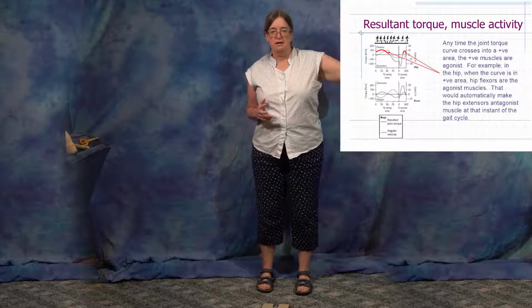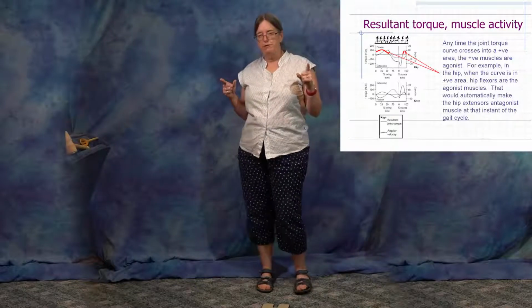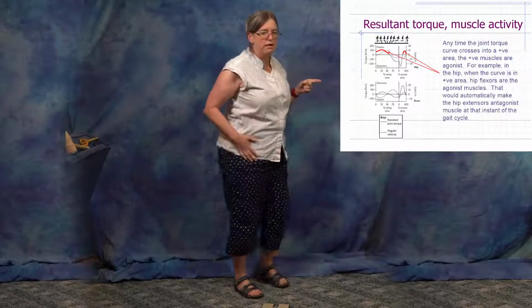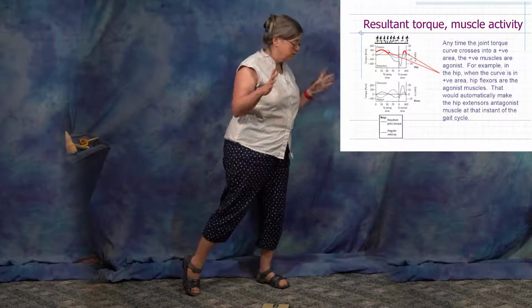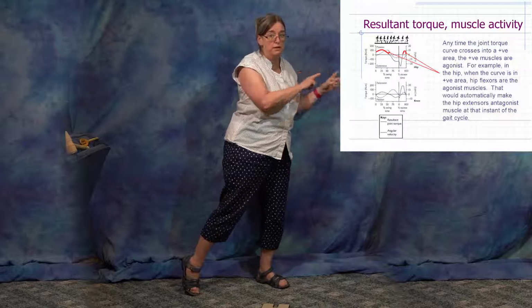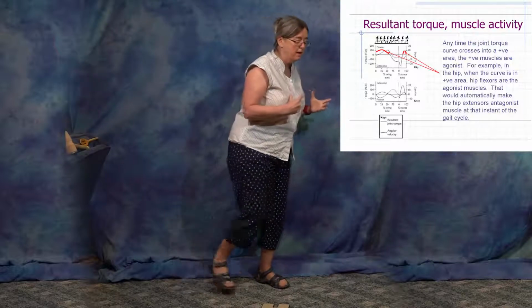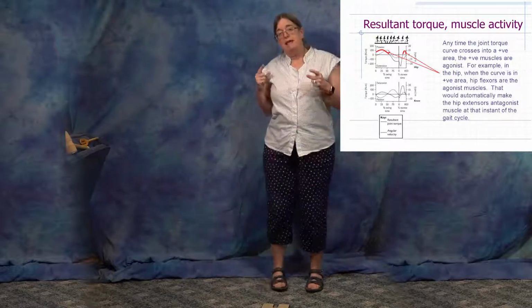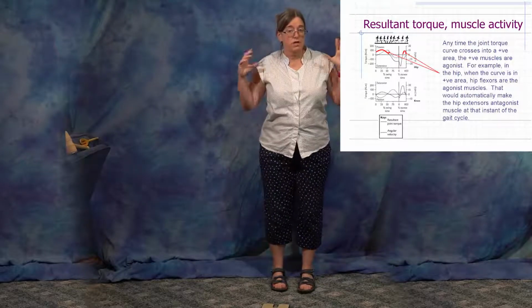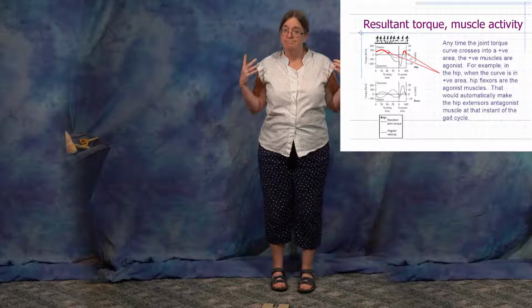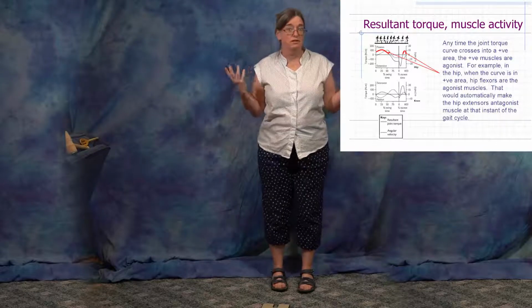And as I said, in that first part, when I've got my flexors on, that means my flexors are the agonist muscle, because they're the muscle that has to be on to do what I want to have happen. Does that mean the antagonist muscle is not on? So are the glutes not on? Well, not necessarily.